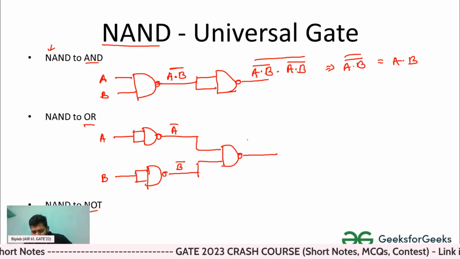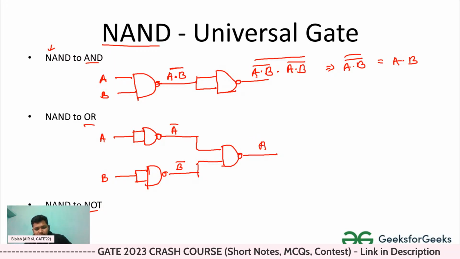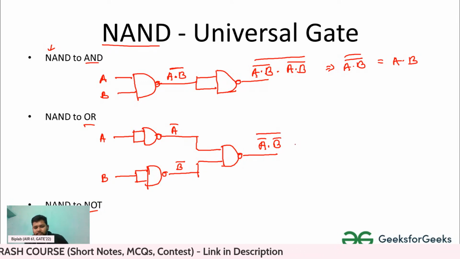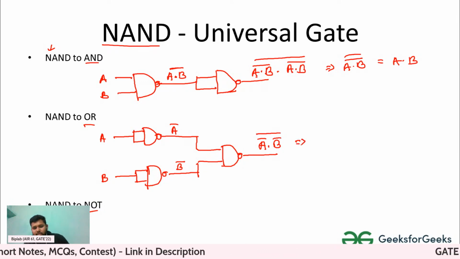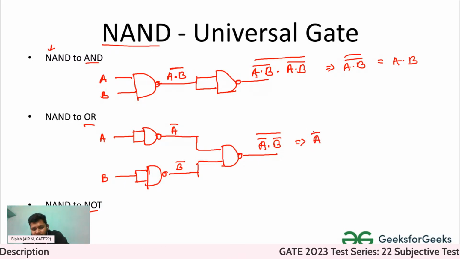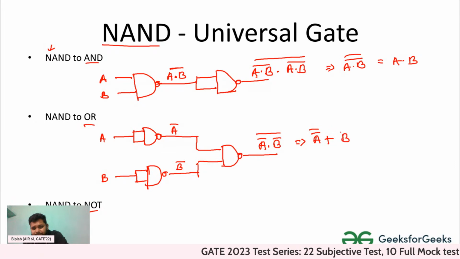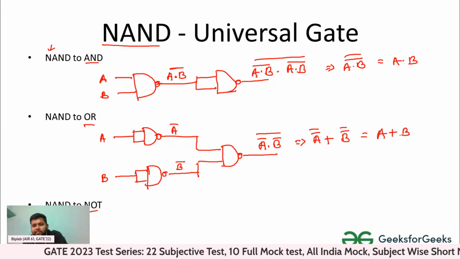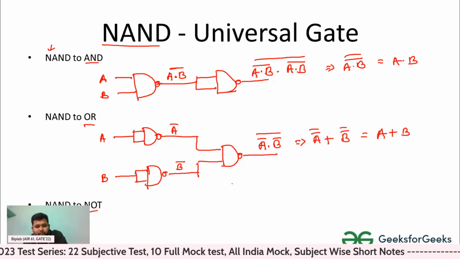So you will have (A bar dot B bar) whole bar, which can be simplified by applying De Morgan's law as A double bar plus B double bar, which equals A plus B.